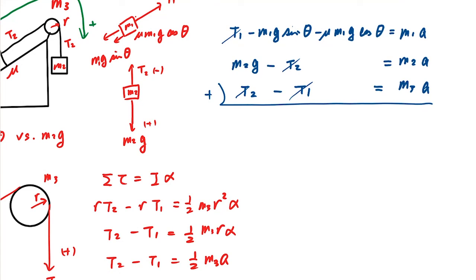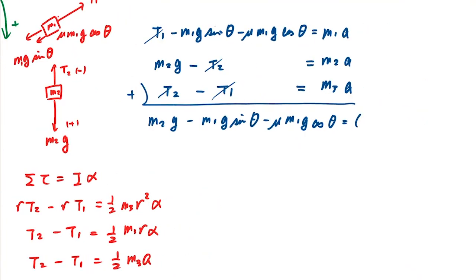Both of the variables cancel out, and then you have M2G minus M1G sine theta minus mu M1G cosine theta is equal to, and the right hand side, M1 plus M2 plus M3 common factor A. You with me? So therefore, finally, our acceleration of the system is, you want a common factor G? Yeah, sure.